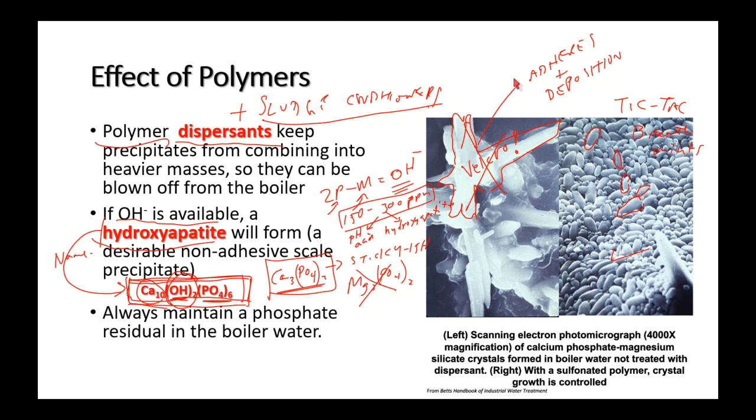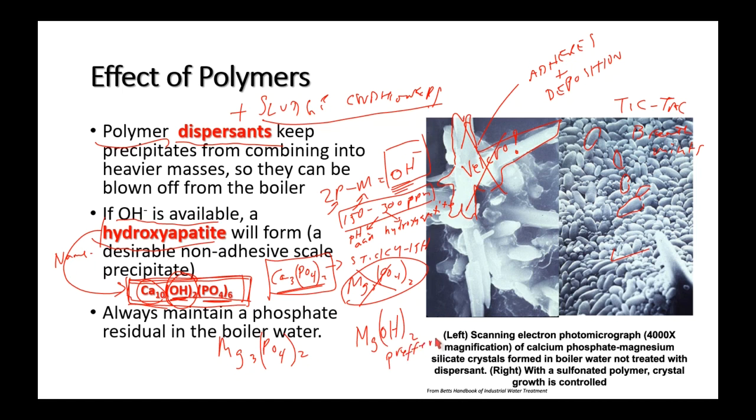Now, then there was another kind of yucky scale that we didn't like too much. Actually, this again is a precipitate, Mg3PO4 twice. And this one here is kind of sticky. Again, if we have got hydroxyl available, we can precipitate magnesium hydroxide, which is preferred.